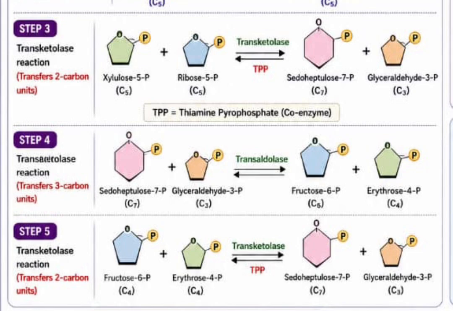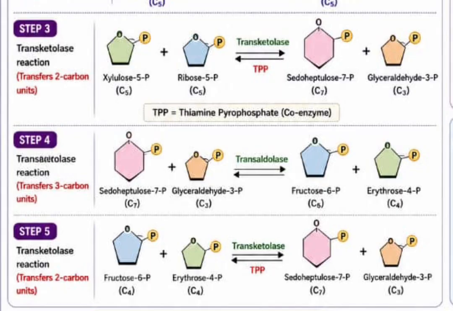So a 2 carbon unit is transferred from xylulose 5-phosphate to ribose 5-phosphate to form sedoheptulose 7-phosphate and glyceraldehyde 3-phosphate. That's a transketolation reaction, with 2 carbons transferred with the help of TPP, thiamine pyrophosphate.